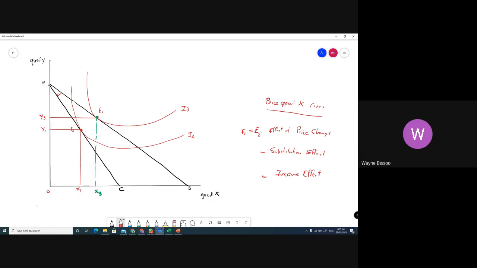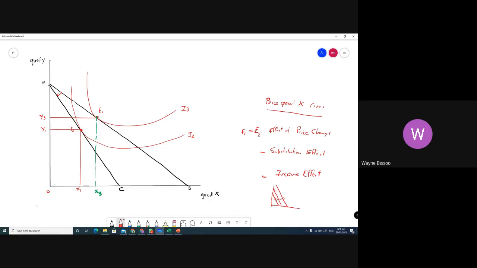Because remember, when we did income effects, the budget lines shifted parallel, because each one of these represented the same ratio of prices. So what we want to do is take the new ratio of prices and put it back onto the first indifference curve we were on to see what's happening.